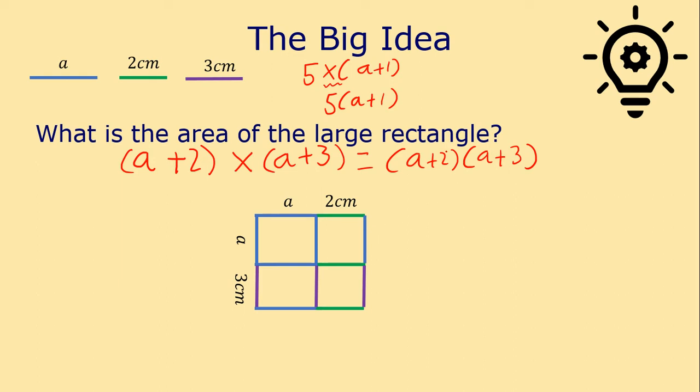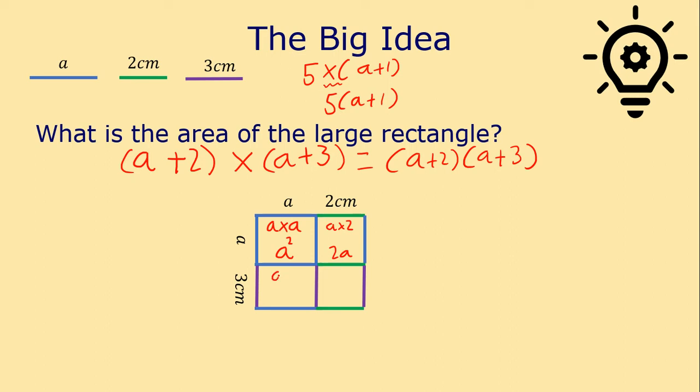Now I can't actually work this out at the moment, but what I can do is take this step-by-step approach. This box here would be a times a. You might remember what a times a is: it's a squared. This box here would be a times 2, which is 2a.